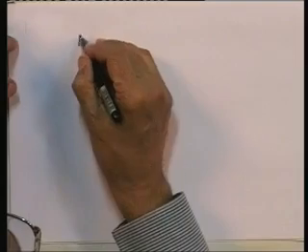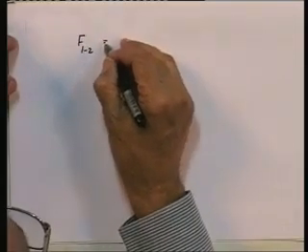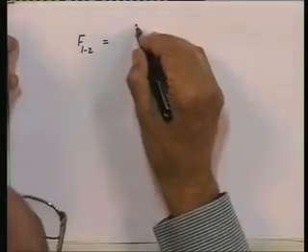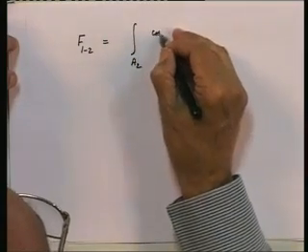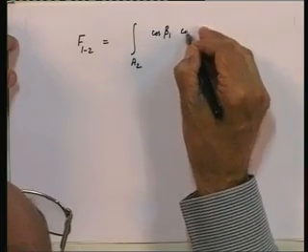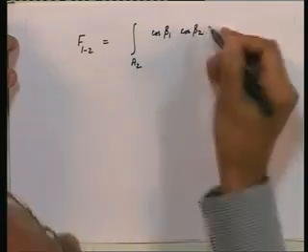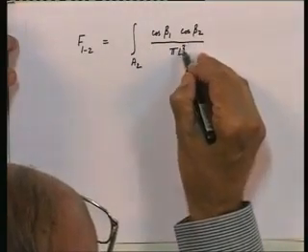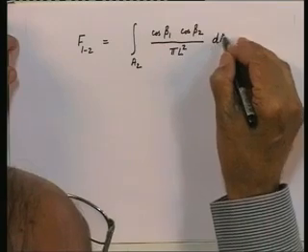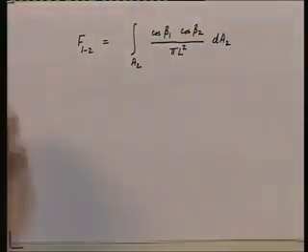For such a situation, we know F1 to 2, if you go back in your notes, you will see is nothing but the integral over A2 of cosine beta 1 cosine beta 2 divided by pi L squared dA 2. Okay, that is our expression.